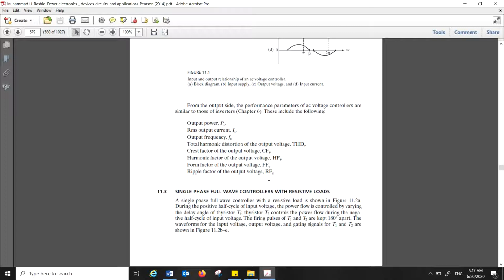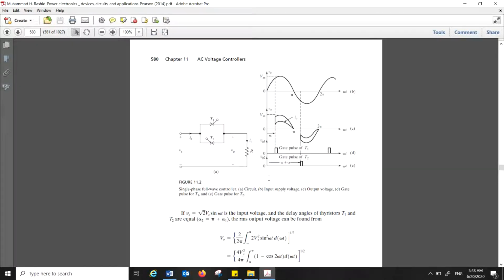Okay, let's start. Single phase full wave controller or converter. Mentioning the load type is very important because depending on the load, the behavior of the converter is different. A single phase full wave controller with a resistive load, you can see in 11.2.